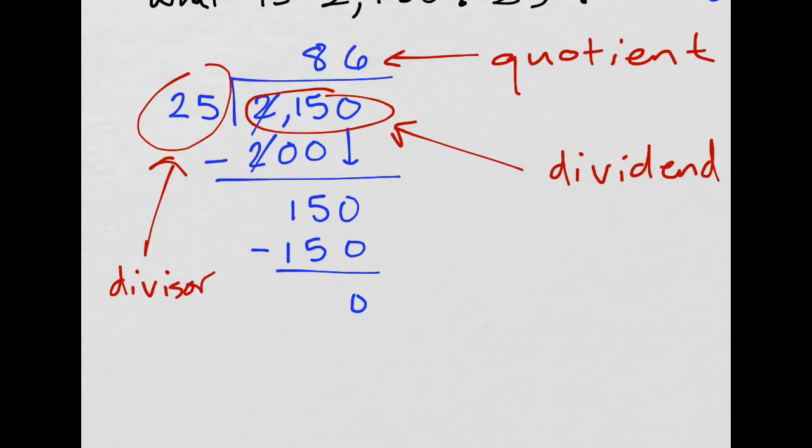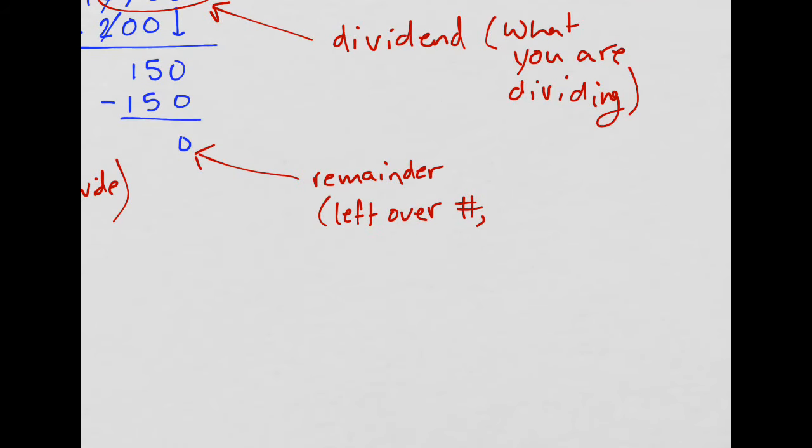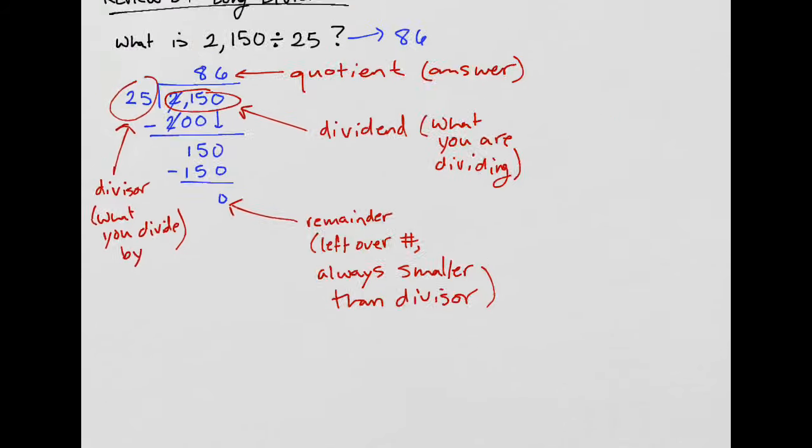It's what you divide by. And then there's one more piece: whatever number is left over, that's your remainder. And it's always smaller than your divisor. If it's not smaller than your divisor, then you have to keep dividing. Okay, so those are the names.